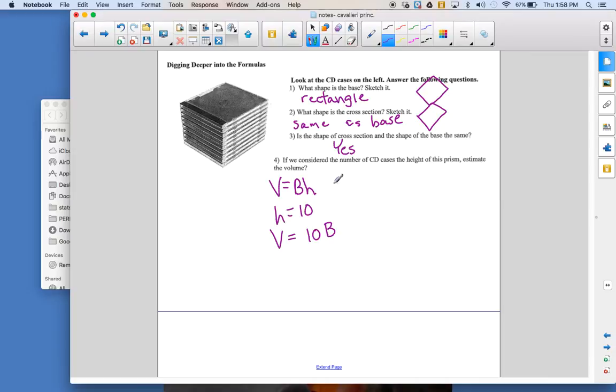Let's say a CD case might be, I'm just approximating, 4 by 5 inches. So I could say capital B equals 20 inches. When I substitute the 20 in for B, my volume is going to be 10 times 20, which equals 200, and these would be inches cubed.